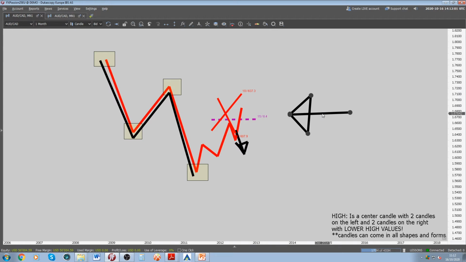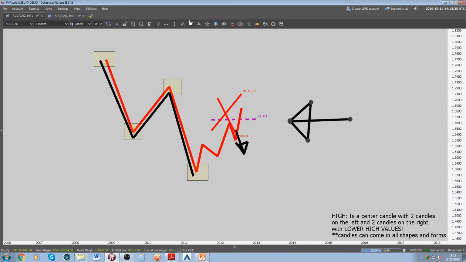Okay, so what is the pattern? Downtrend. How do we define a downtrend? We need to have minimum 2 highs and 2 lows, where the second high and the second low are a lower high and lower low. And when we short the market and we put the stop loss in here, this is the wrong stop loss level.